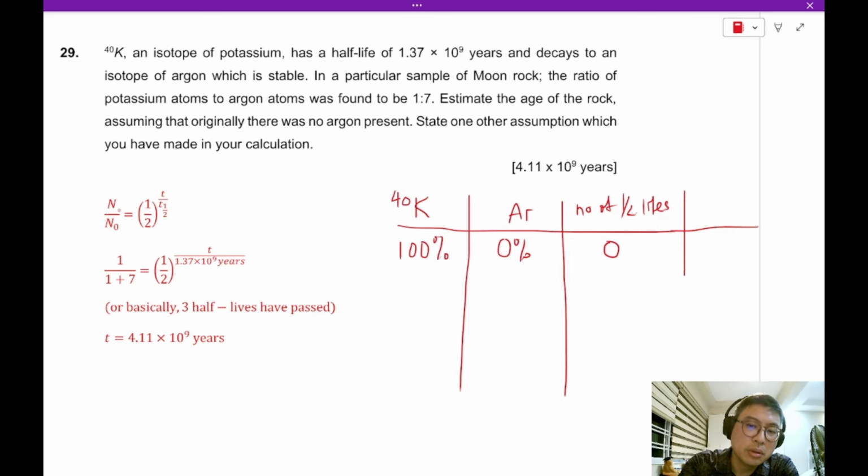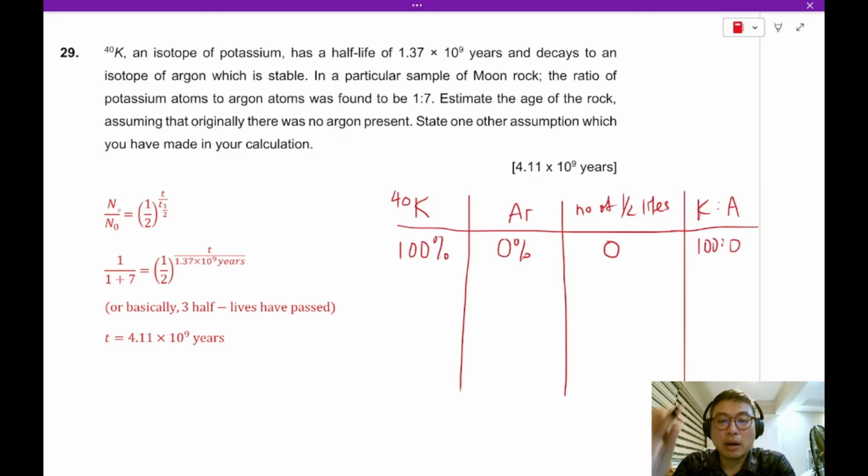So the ratio of potassium to argon is 100 to 0. Next, after one half-life has passed, how much potassium is remaining? 50% of the potassium has decayed, and 50% of the sample is now made of argon. So the potassium to argon ratio is 1 to 1.